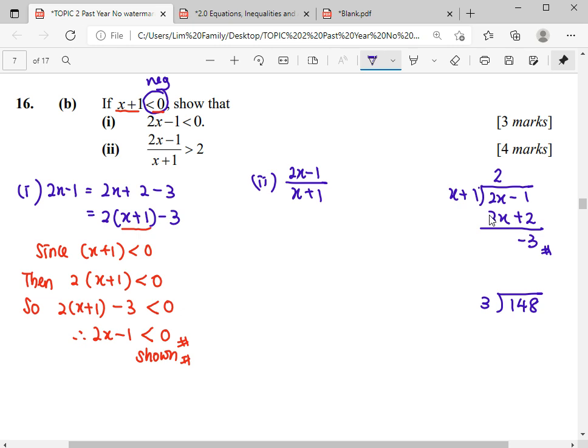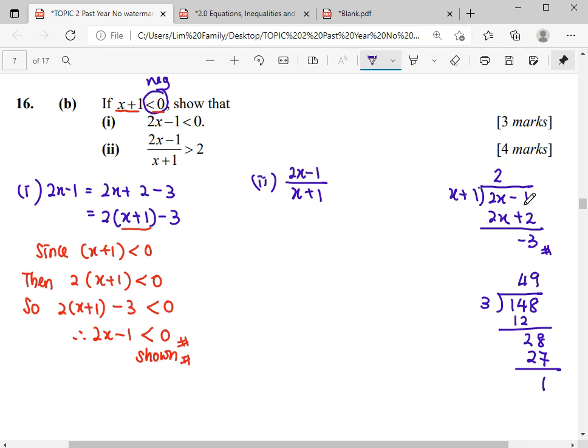We find the nearest multiplication, which is 4, so that we get 12. Then the balance is 2. Then you drag down your 8 here, to get 28. Then we find the multiplication nearer to 28. 3 times 9 is 27, so the balance is 1. So the quotient is 49.